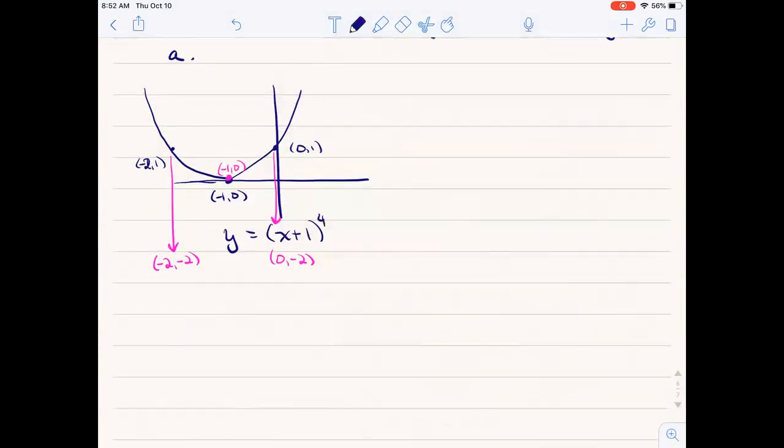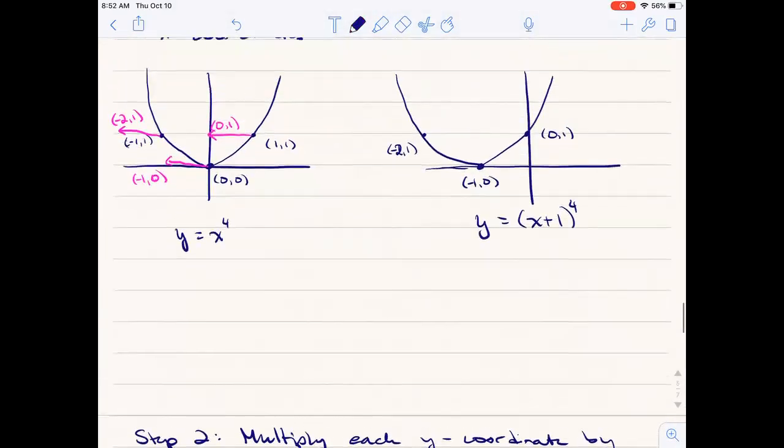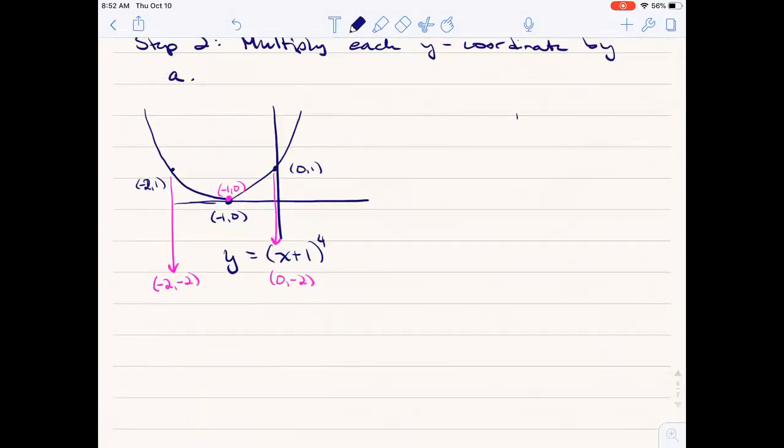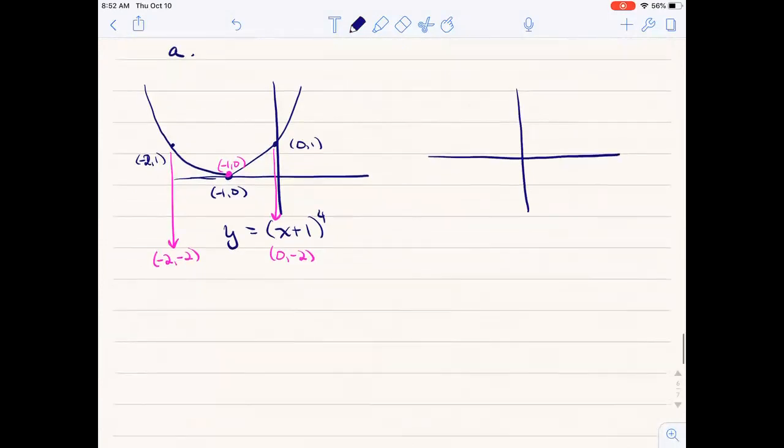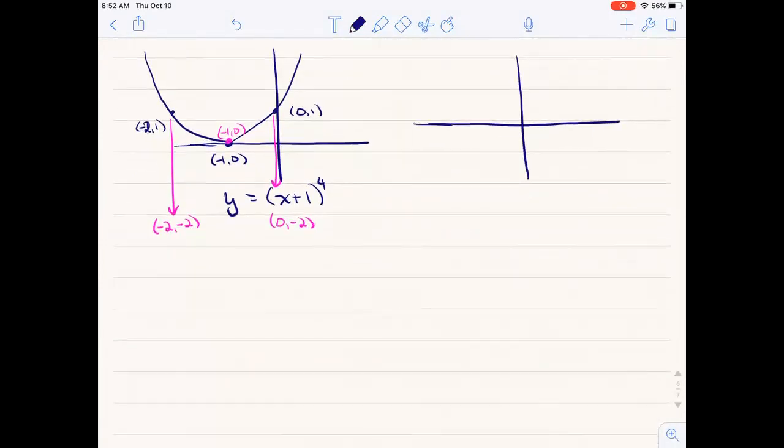So if we draw this, we've got that point at -1, 0 still. And of course, without axes, it's hard and kind of weird, but that's okay. -2, -2, let's say it's here.